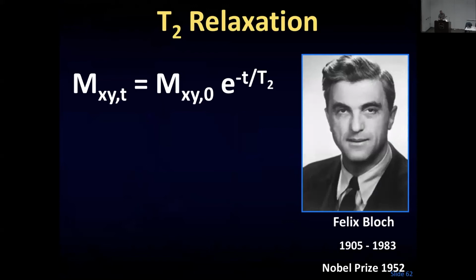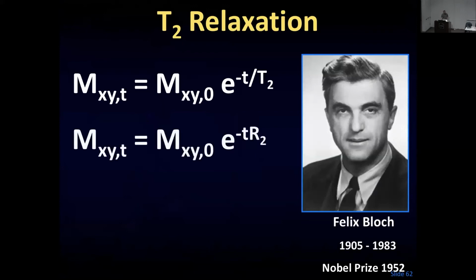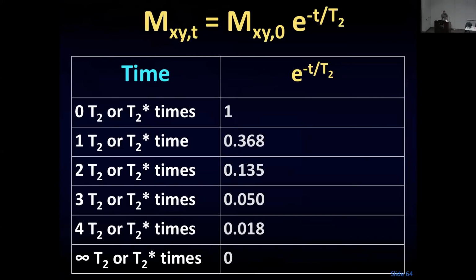So this looks a lot like the T1 equation, except the T1 equation had a 1 minus over here, and this one does not. Now, just like T1 can be described by a time constant in the denominator or a rate constant in the numerator, T2 can be described by a time constant in the denominator or by a rate constant in the numerator. So we have two equations which are mathematically equivalent to describe T2 relaxation.